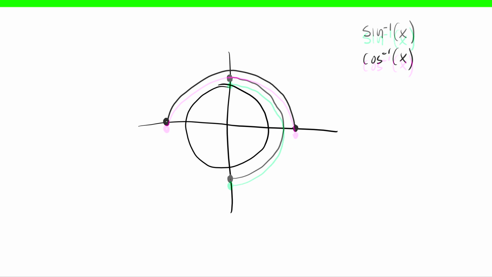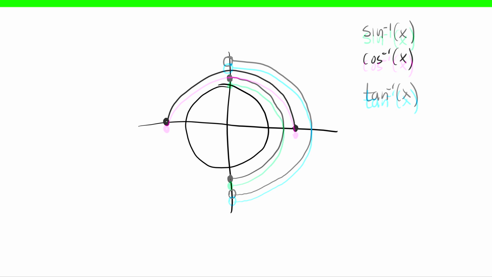Okay, and then lastly, we'll do this for tangent, because these are the ones that are going to come up the most. Let's do blue for tangent. The way this one works is everywhere from negative pi over 2, not including it, all the way to positive pi over 2, not including it. So the only values that could ever come out of inverse tangent are those values.